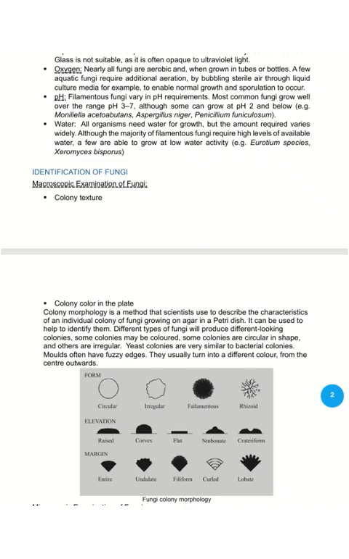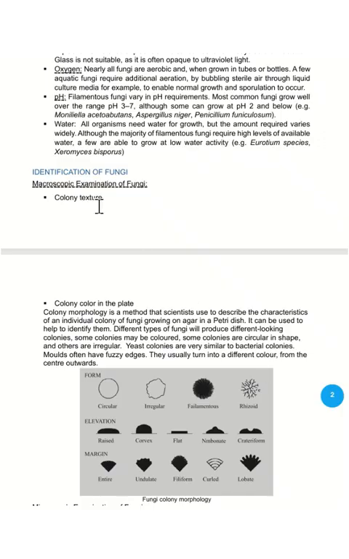Usually, fungi have very characteristic colonies which differ from the bacteria. They have large colonies, and usually they are colored, and they have different margins. So this is a characteristic of the different genera of fungi.